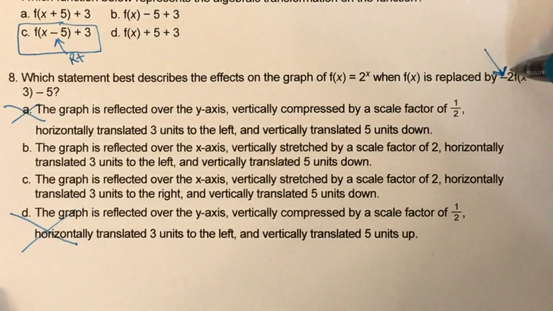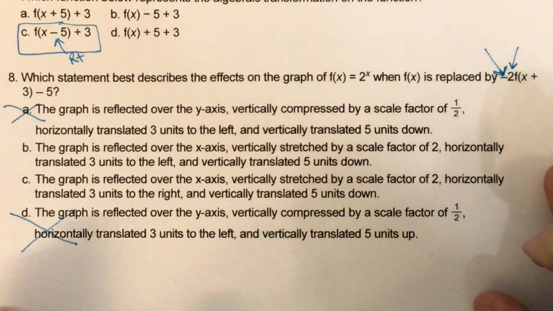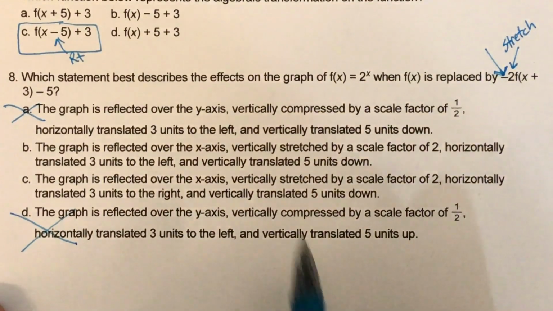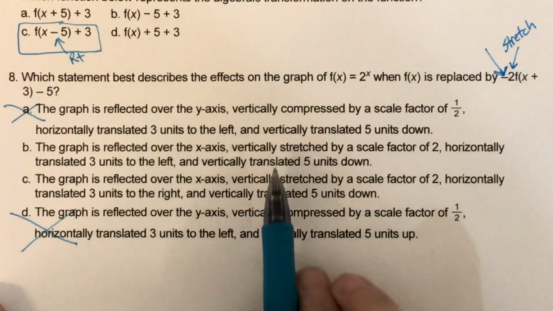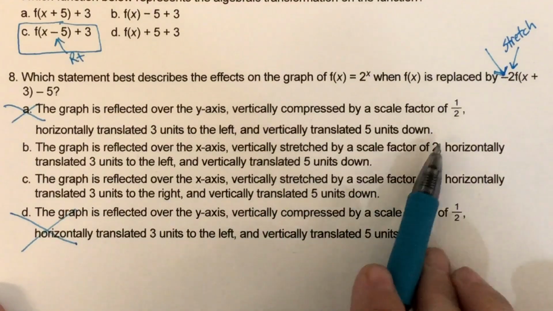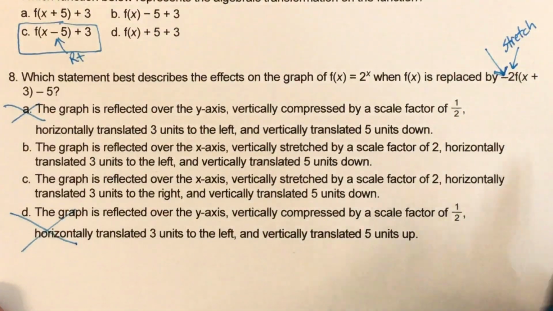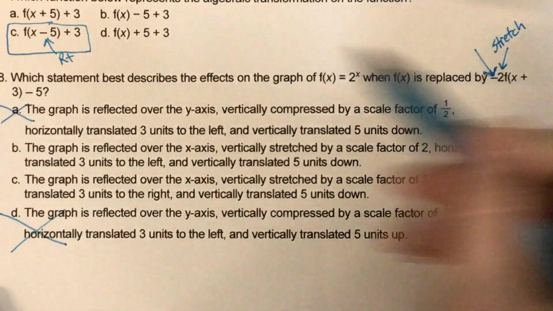Okay, if the number in front is bigger than 1, then I know that that is a stretch. So let's look. Vertically compressed, oh, I already crossed that one out. Vertically stretched by 2, yes, okay. All right, now in the parentheses, so now there's parentheses.